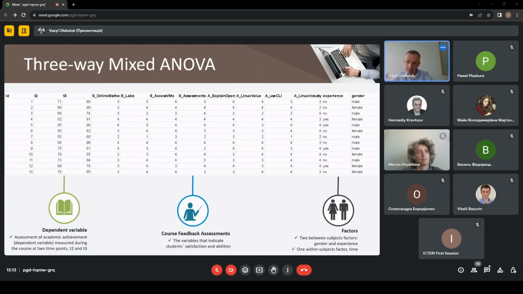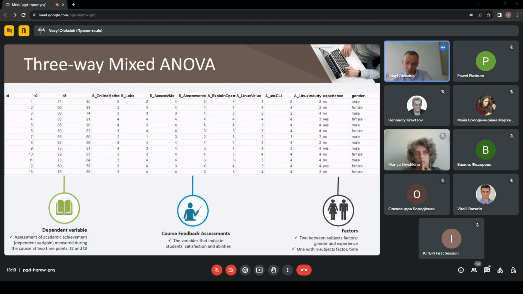The study groups consisted of equal numbers of males and females. 40% of students had some experience with Linux, with 44% of males and 33% of females having experience.